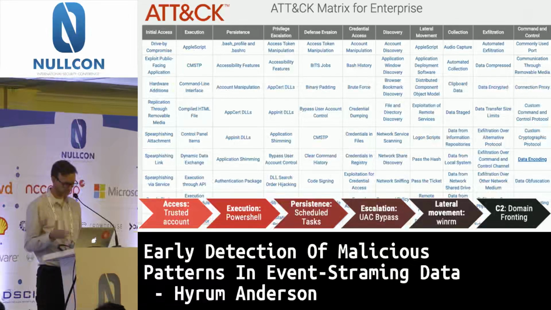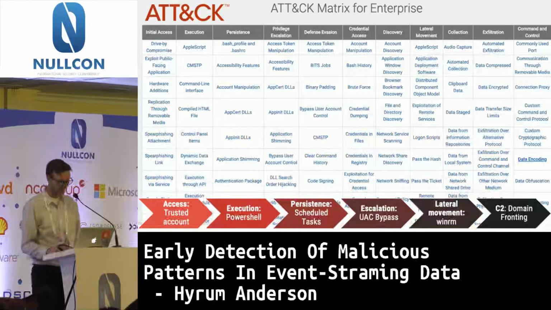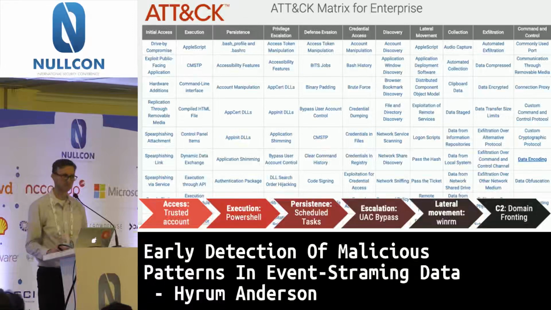For example, consider the attack at the bottom. Suppose you have a trusted third party like a law firm who has access to your network. He has a login and gets access through a trusted account. He downloads and executes PowerShell scripts that run in memory only. He maintains persistence by scheduling a task. He escalates his privileges using a UAC, user access control, bypass.